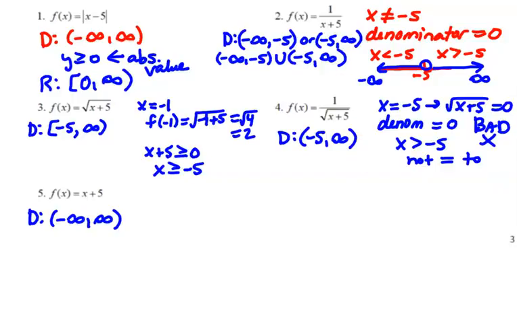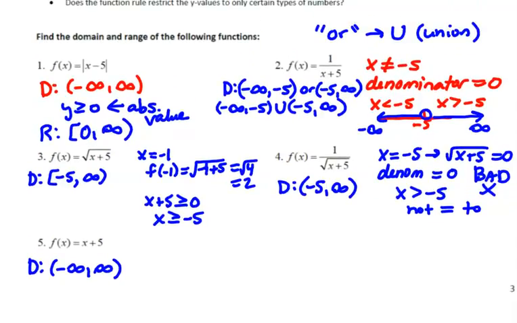Okay, so let's take a look at this. Now, I have two sections to my domain. I have values less than -5 and values greater than -5. So let's pick a value less than -5. So let's say -4. Sorry, that would be bigger than -5. Let's say -6. So if x is -6, I would have 1 over -6 plus 5, which is 1 over -1.